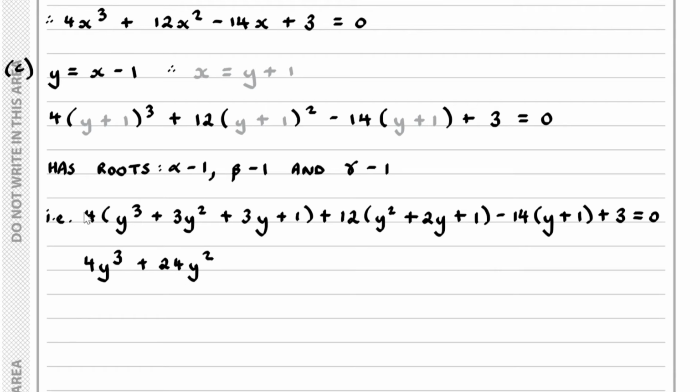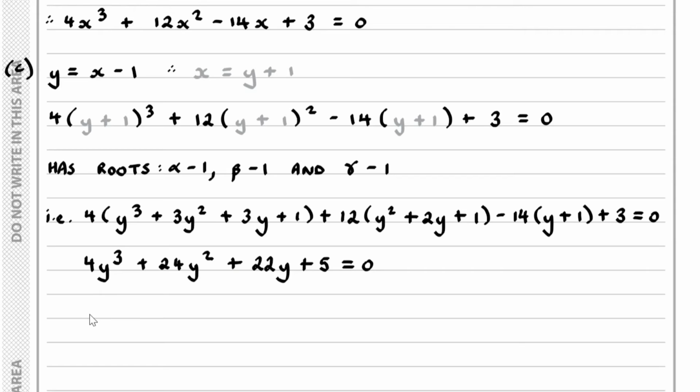And then I've got 4 times by 3y plus 12 times by 2y minus 14y, so that will be 22y, and then I've got 4 times by 1, 12 times by 1, minus 14 times 1, and then the 3, that's 5. So I've got 4y cubed plus 24y squared plus 22y plus 5 equals 0.